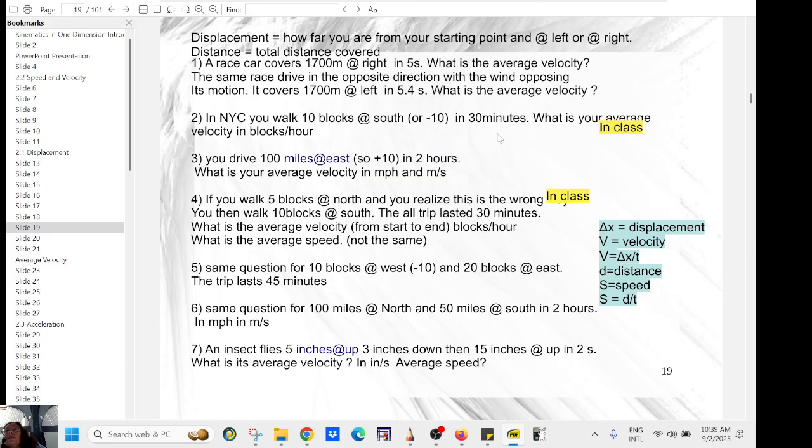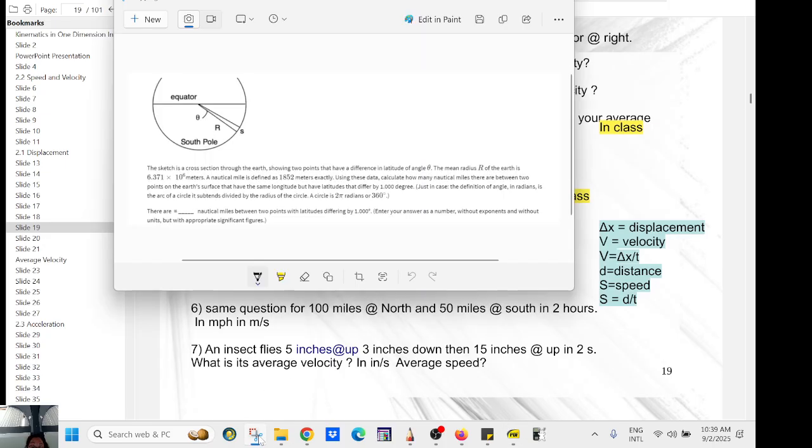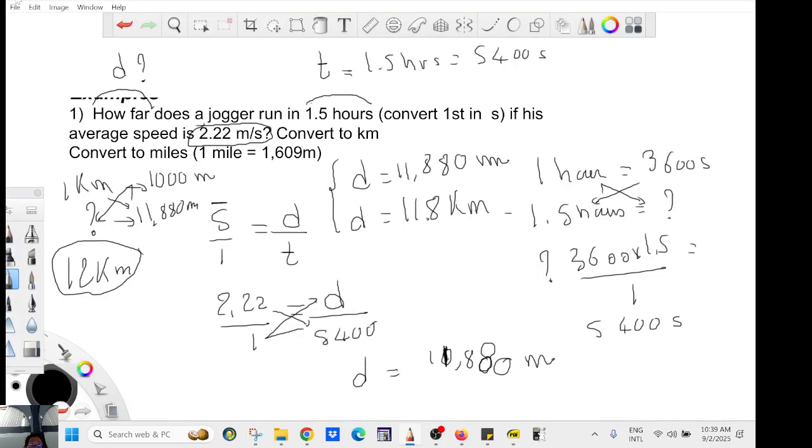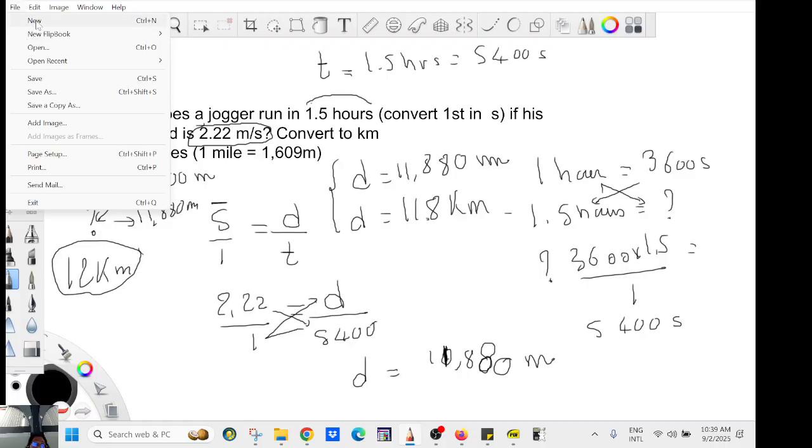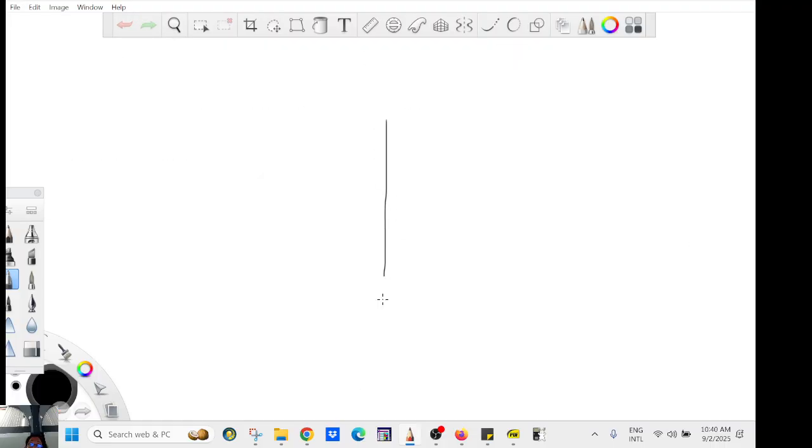So a typical question, if you are taking the MCAT or whatever graduate exam or something like this, typical question will be like you have your X and Y, but that could be east and north.